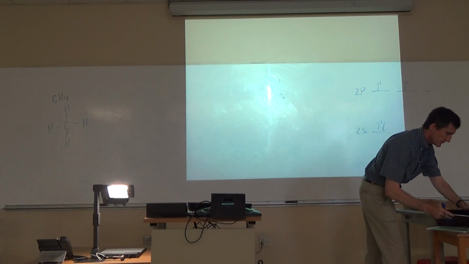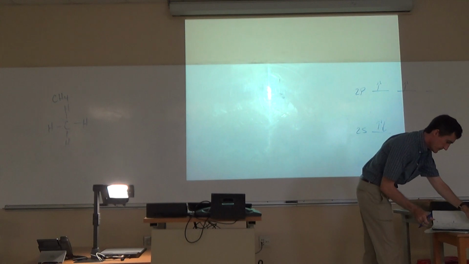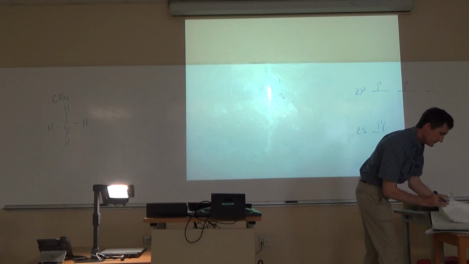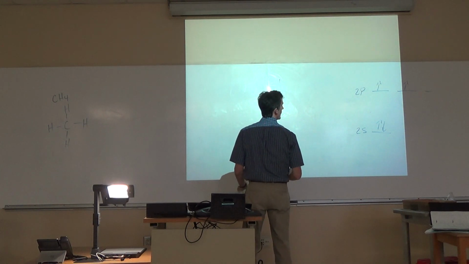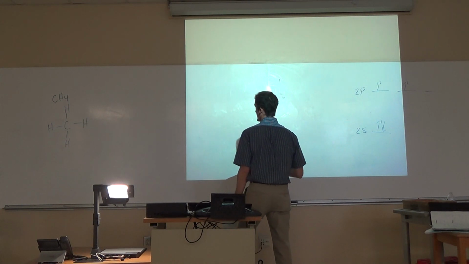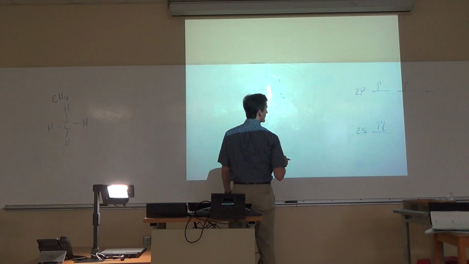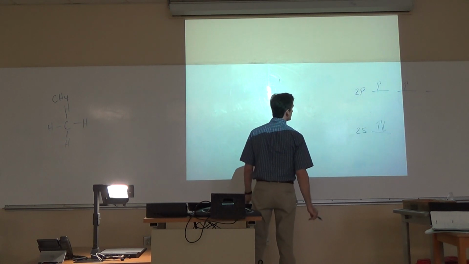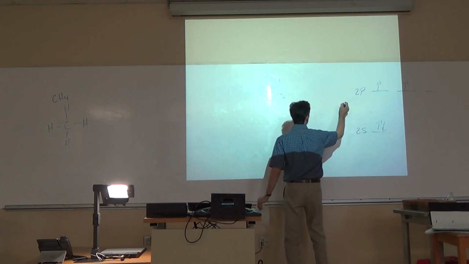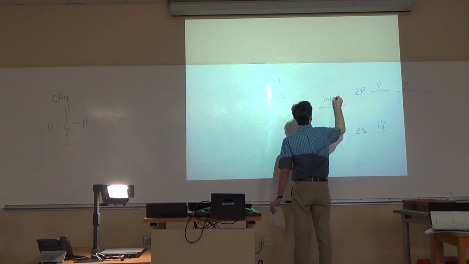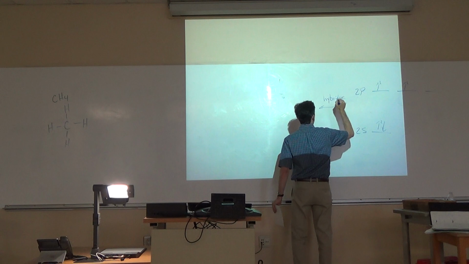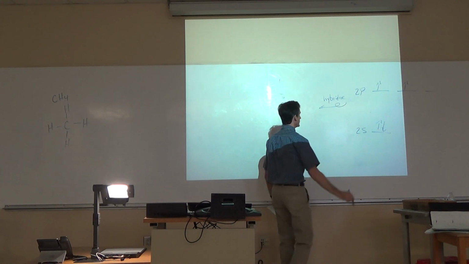Let's set this up right. I wish I'd drawn this over here, because I want to go that way. We're going to hybridize. And hybridize is just a fancy word for what?